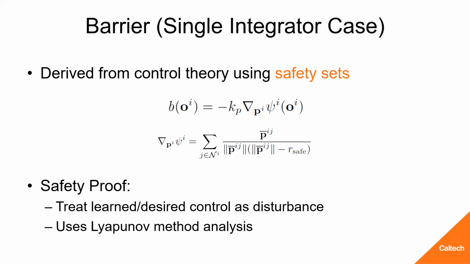If you design all of that, then the safety proof follows as a control theory idea using the Lyapunov method, and it just treats the learned function pi as a bounded disturbance. That way the standard methods still work to do the proof. In the paper, we also have the double integrator, but that becomes somewhat ugly very quickly, so I don't show it today.